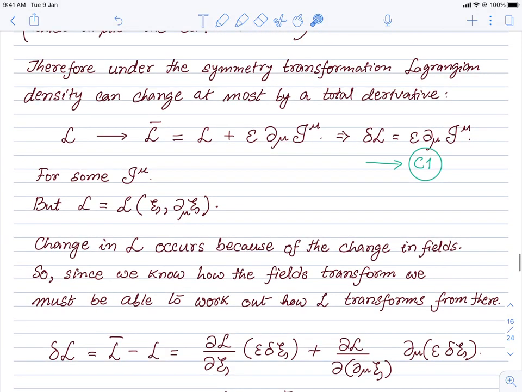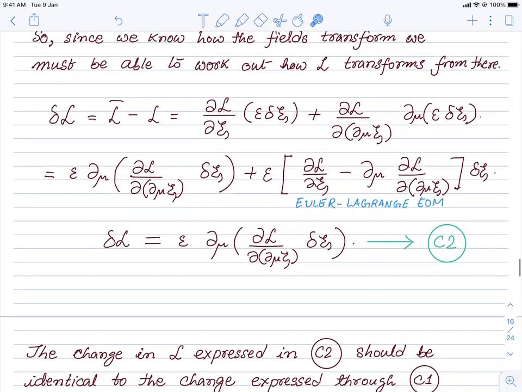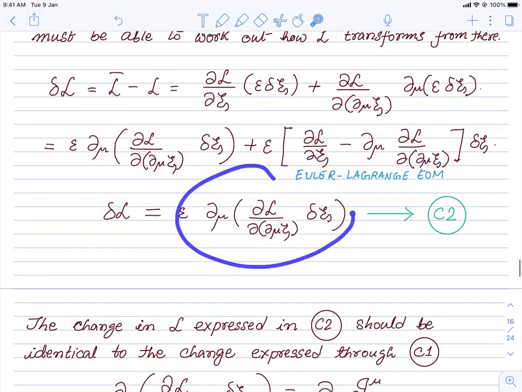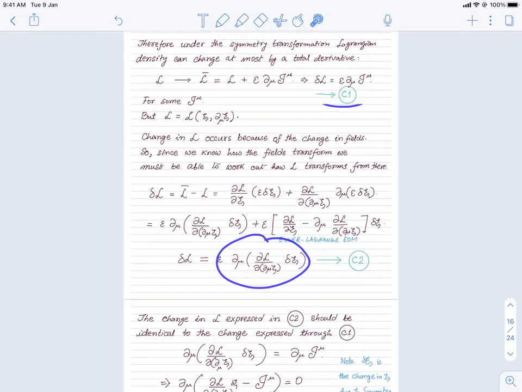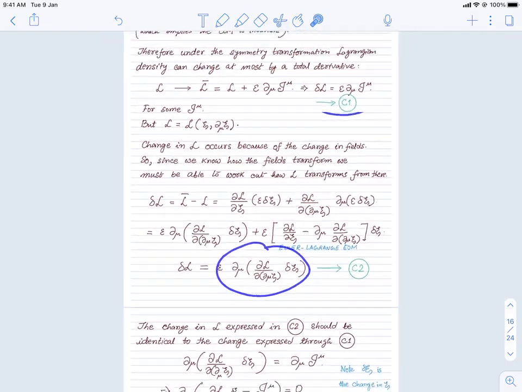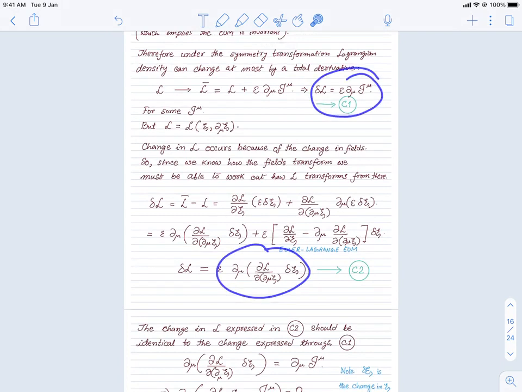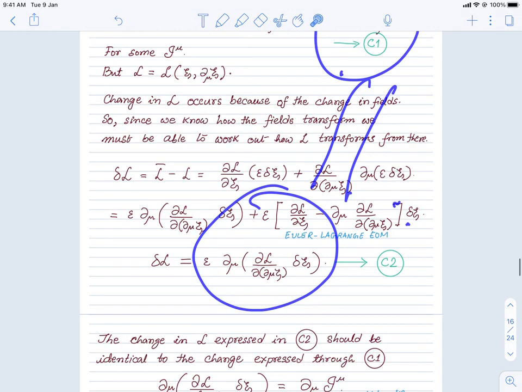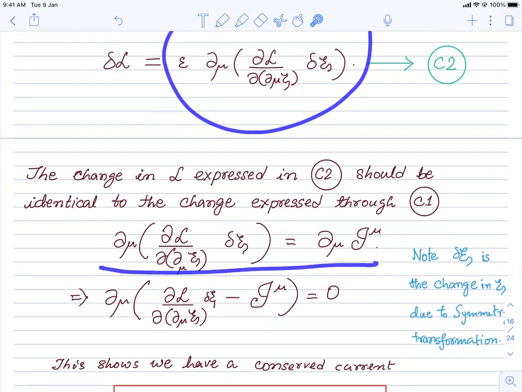But as we saw, this variation must also be equal to a total derivative of some object, let's say this object, script I. So if you like, this should be equal to this, and if this is equal to this, then you see what we have here, we have this expression here.